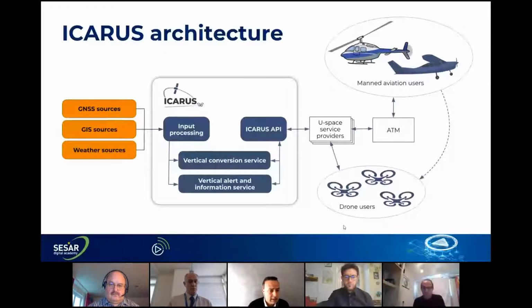As you can see, the service is fed by different inputs, which are mainly the GNSS, so the status of the constellation, the monitoring of the GNSS infrastructure on ground, but also all the geographical information services, especially the DTM and the DSM that Corrado just mentioned, but also for ground obstacle awareness. So we believe that a large database of these elements will definitely feed the service for ground obstacle awareness.